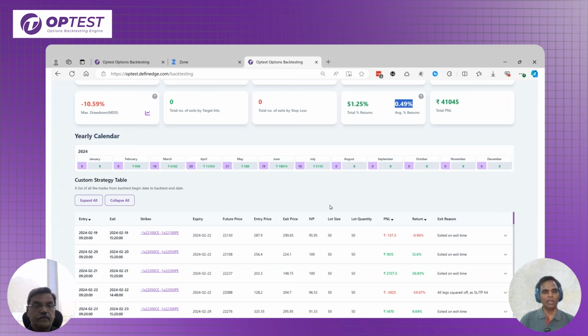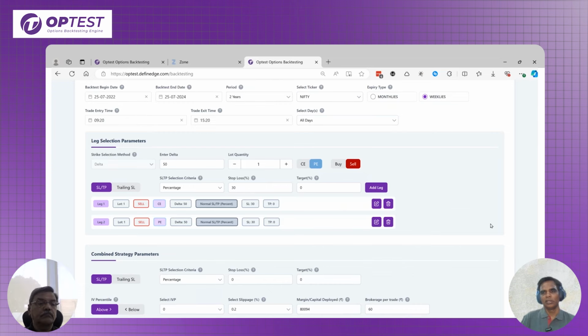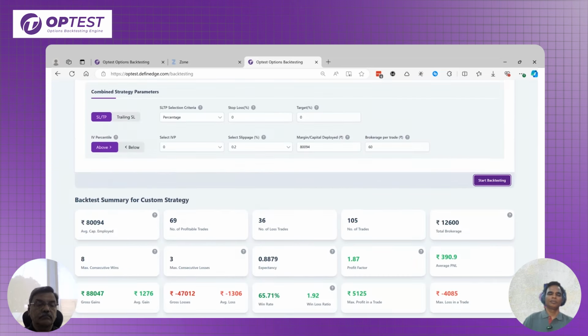This we did for only 6 months, so I had to go 2 years actually. Let's check 2 years, sorry. So as I said, up to 10 legs, multiple combinations that you can do.